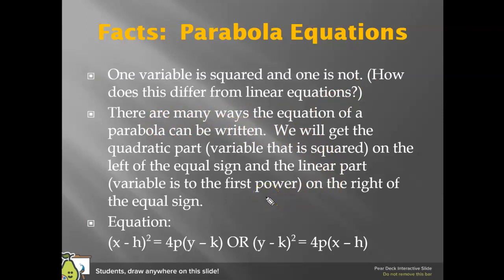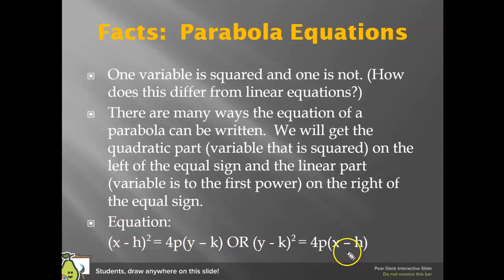We will get the quadratic part, the variable part, on the left side of the equal sign, and the linear part, the one that's not squared, on the right side of the equal sign. And when you do, you get an equation that looks like these. So either your x is going to be squared, or your y is going to be squared. One of them is squared, one of them is not.